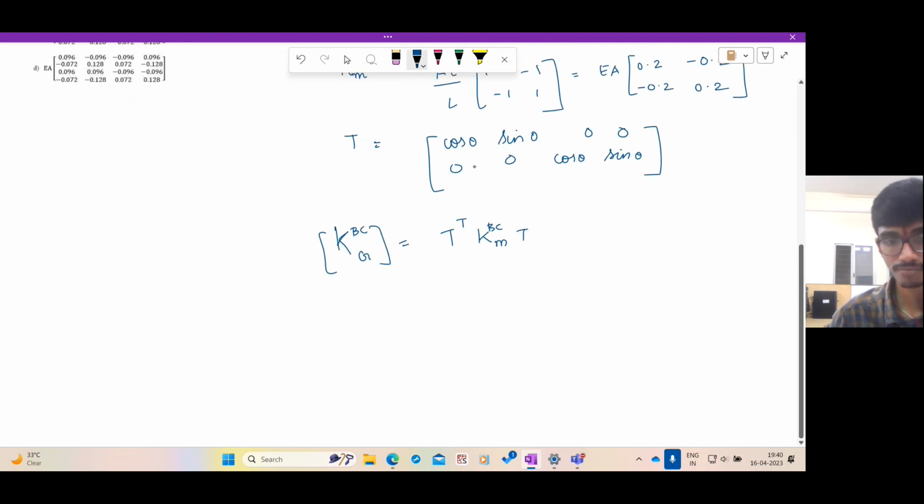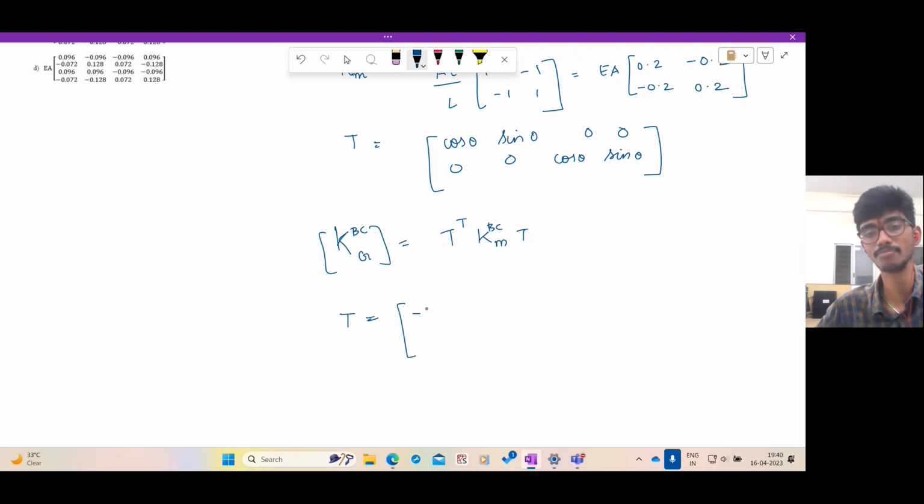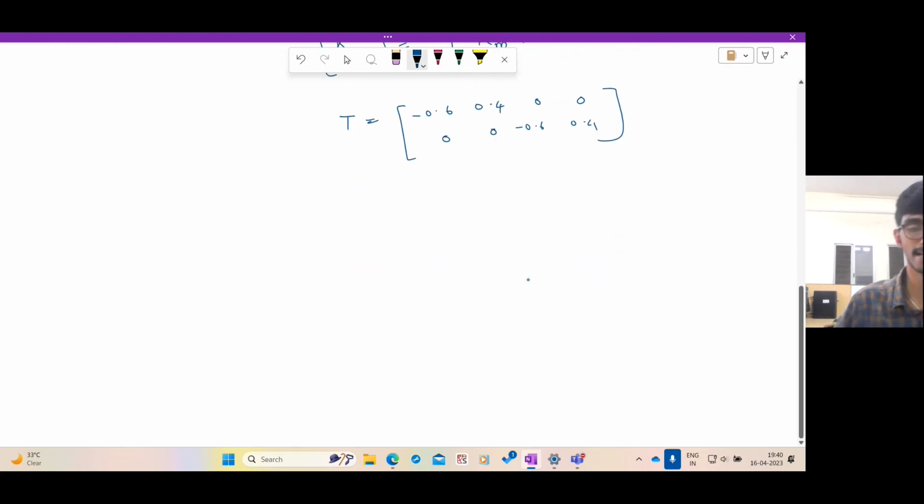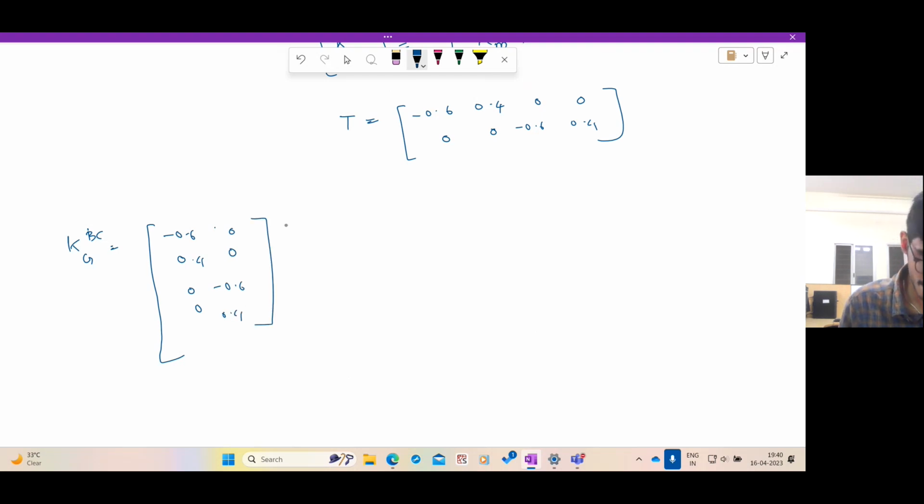So if you plug in the values, we get T, the transformation matrix, as cos theta is negative in the second quadrant: minus 0.6, 0.4, 0, 0, 0, 0, minus 0.6, 0. Now KGBC is minus 0.6, 0.4, 0, 0, 0, 0, minus 0.6, 0.4. There's an EA everywhere. 0.2, minus 0.2, minus 0.2, 0.2.